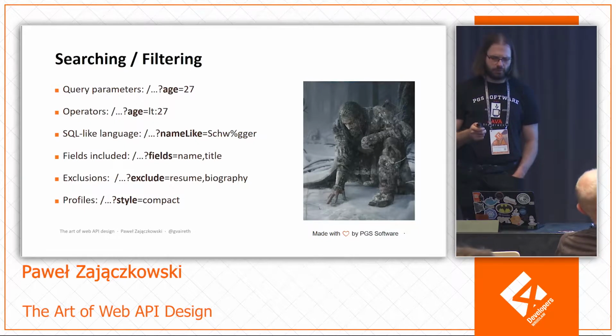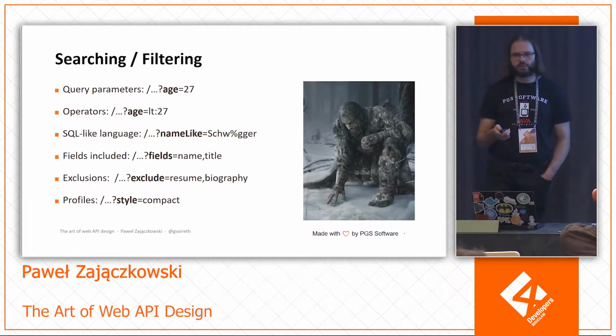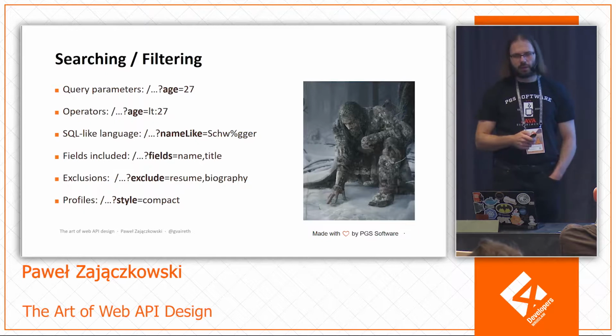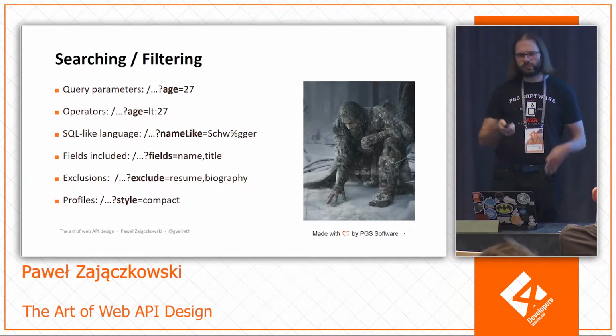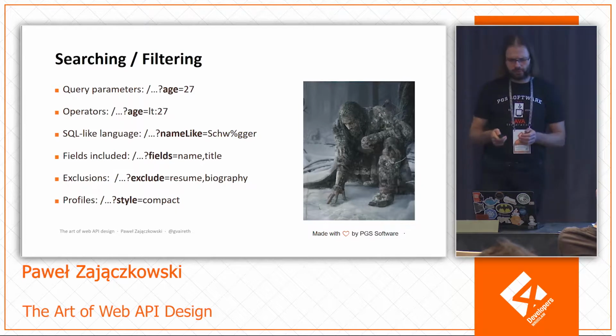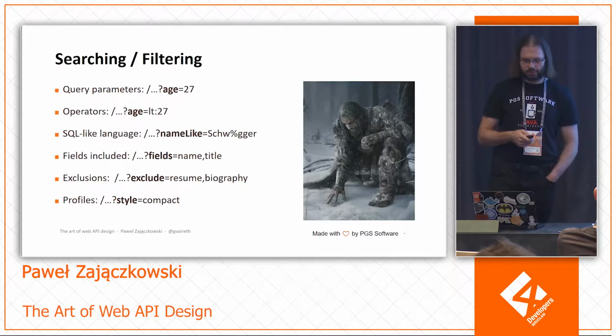Basically, you can connect the name of the operator, so for example, LT for less than, with some kind of separator and the value we are comparing against. That's one solution. Another solution is to concatenate the name of the property with the operator. That's what Spring actually does by default, I think. So if you are looking for a guy named Arnold, you can say name like equals Schwartz something there.